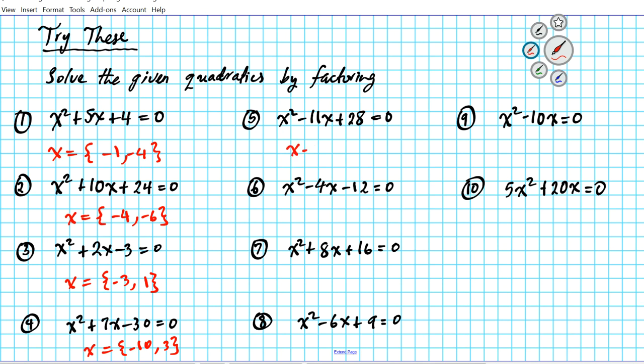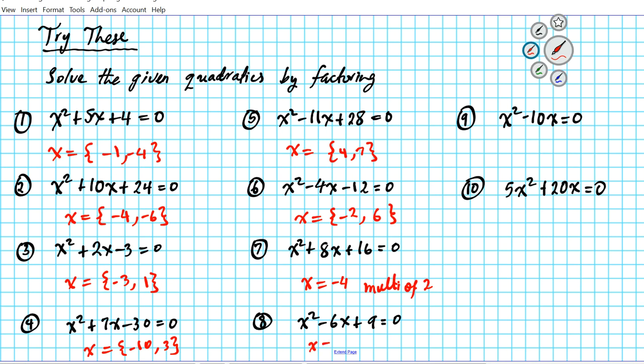For number 5, x is 4 and 7. For number 6, x is -2 and 6. For number 7, x is -4 with a multiplicity of 2.